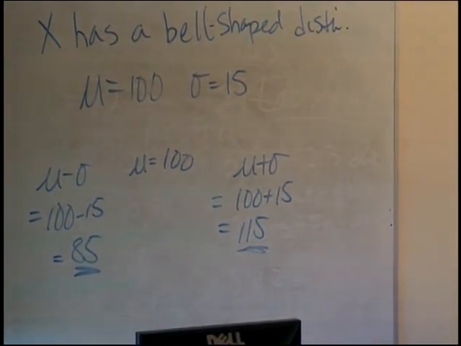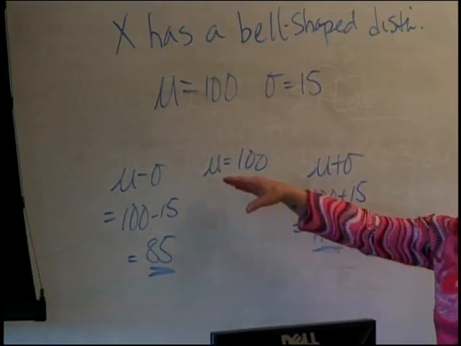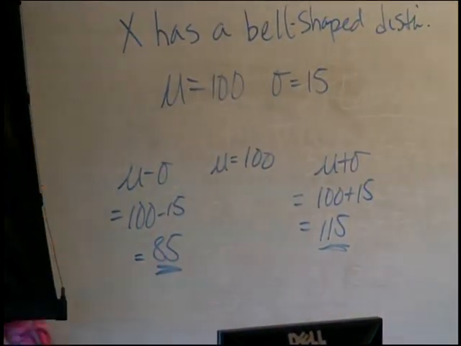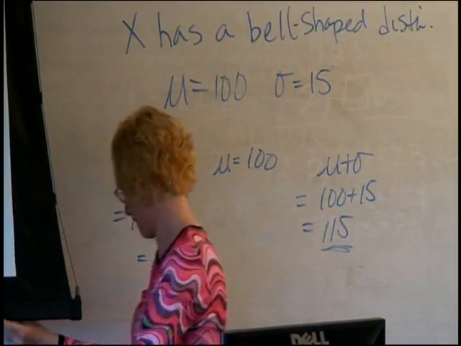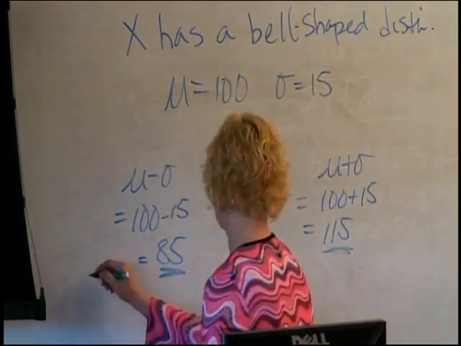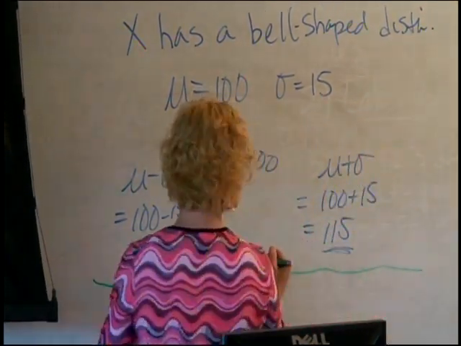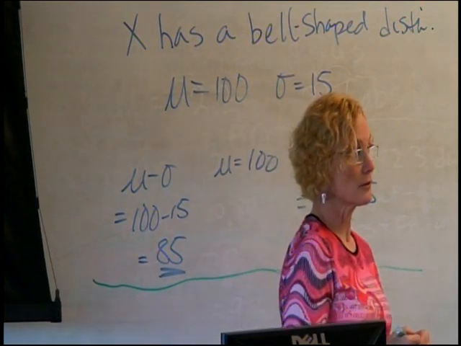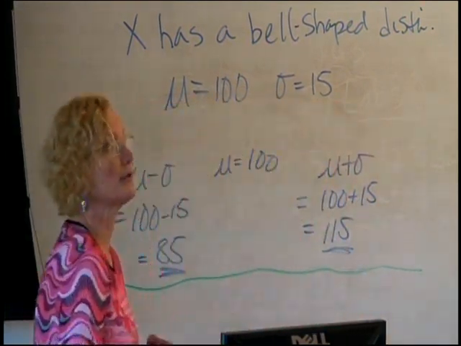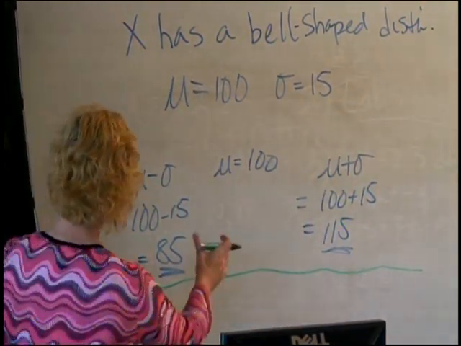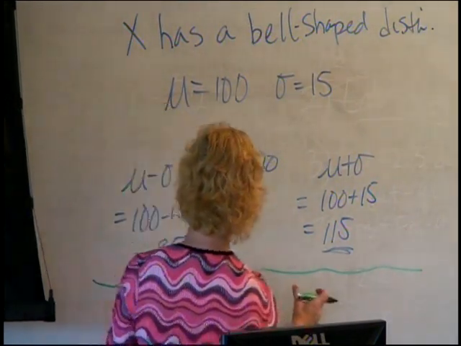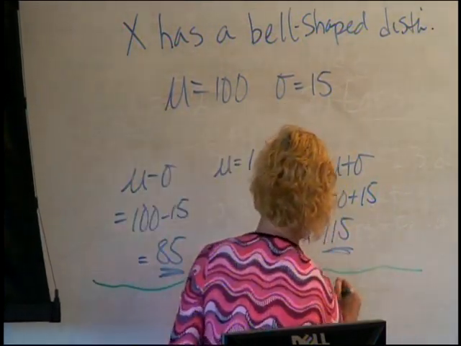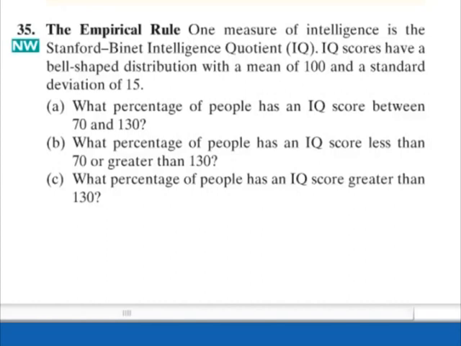Okay? So then standard deviation number 2 would be 100 minus 30. Exactly, Mark, exactly. So now take your mean, add another standard deviation. So now how many people have IQs between 70 and 130? 95%.